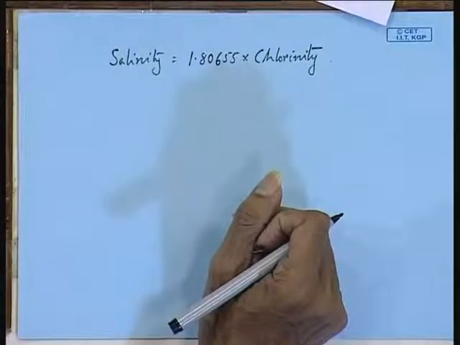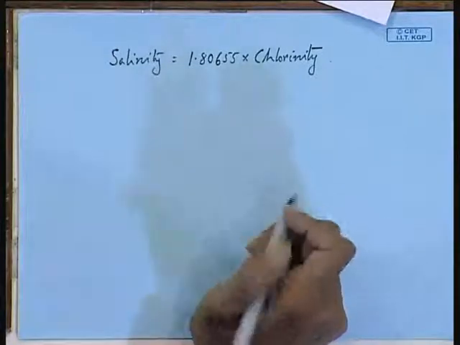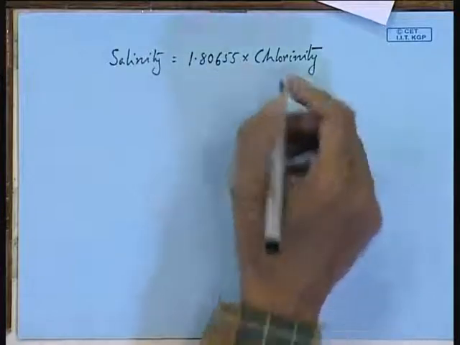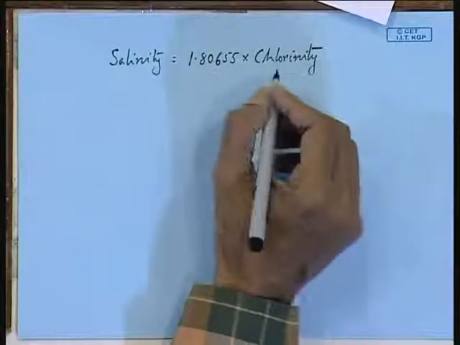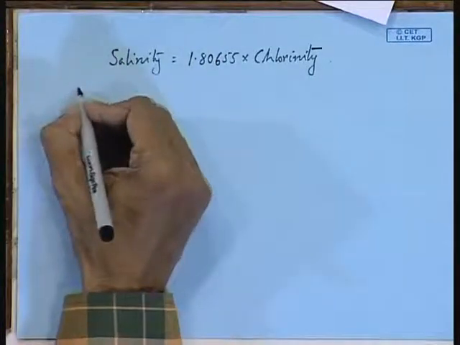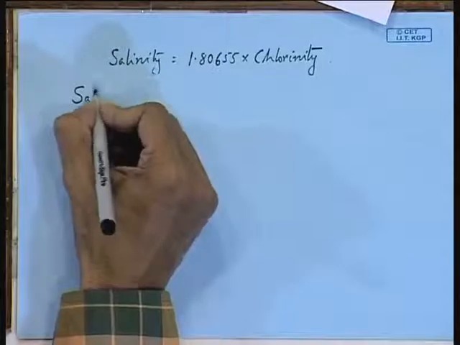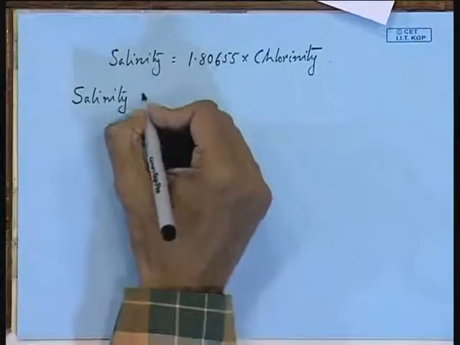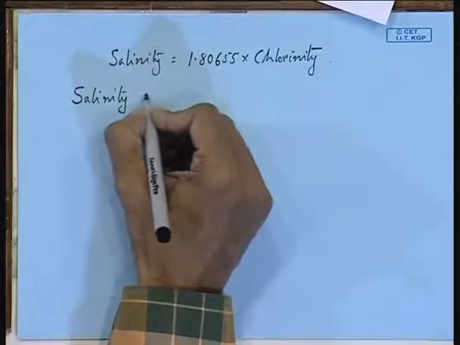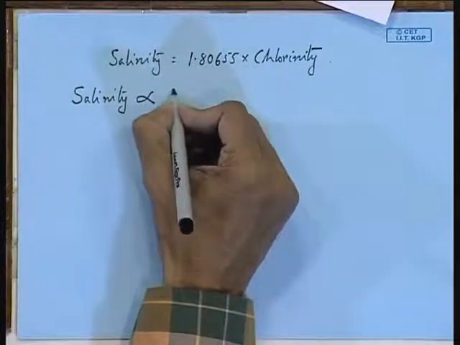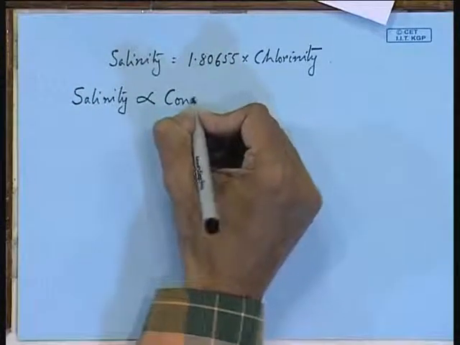Now, coming to the diagrams which we had discussed, this salinity and chlorinity are also linked with another term which is called conductivity of seawater.